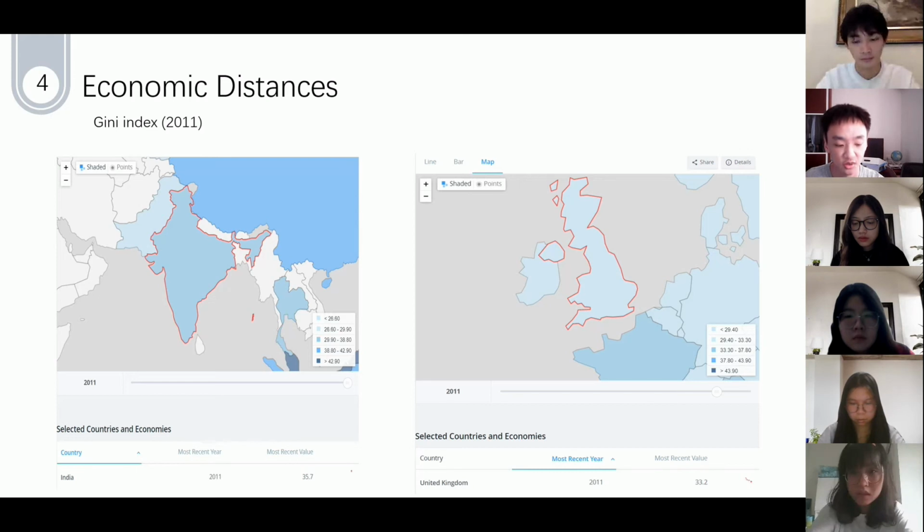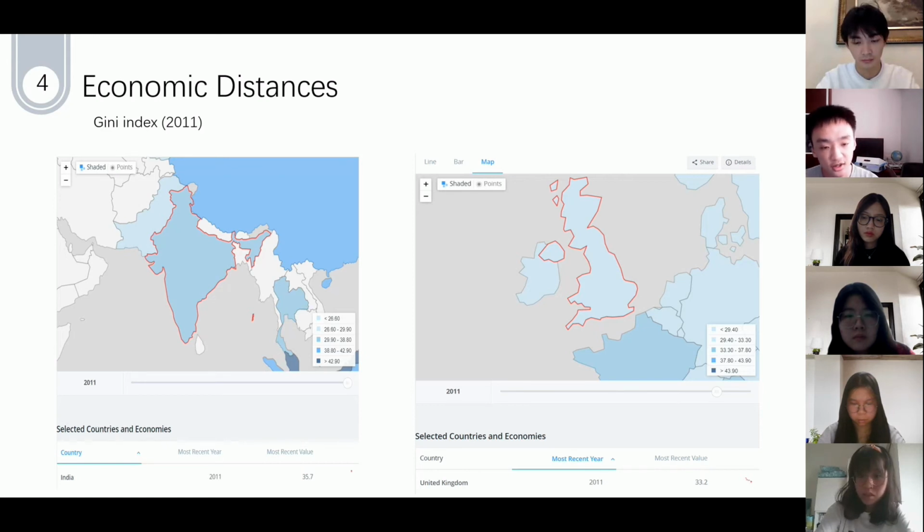The Gini index can show the gap between the rich and poor and the comprehensive economic strength of a country. A high Gini index means that the gap between the rich and the poor and the economic issues in this country are very serious.